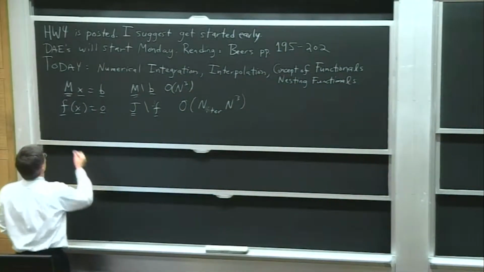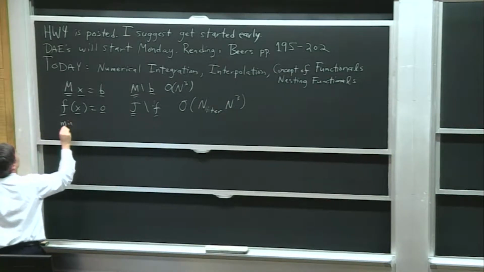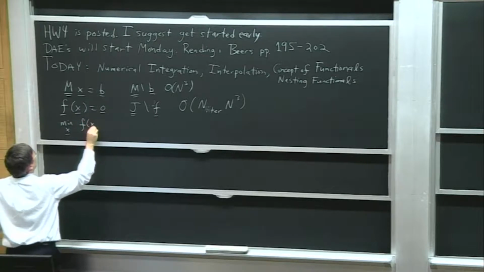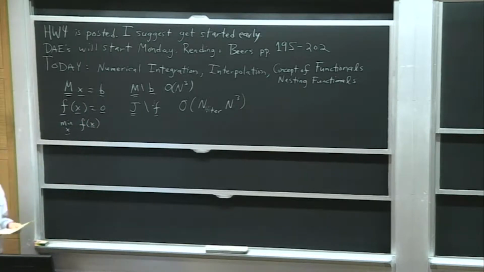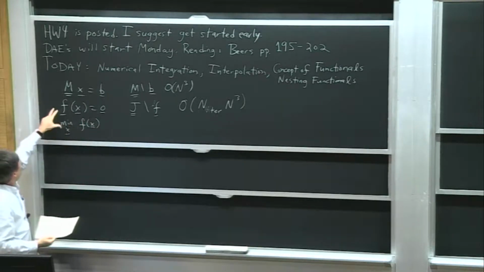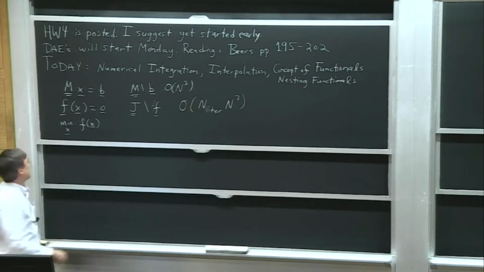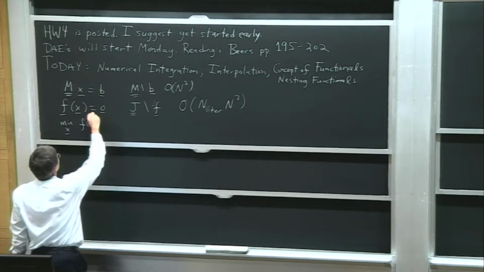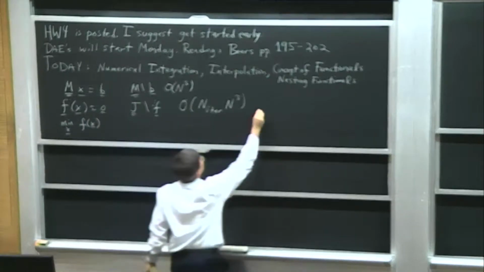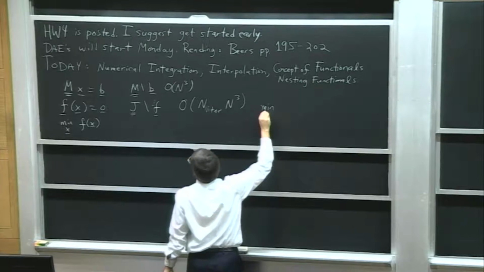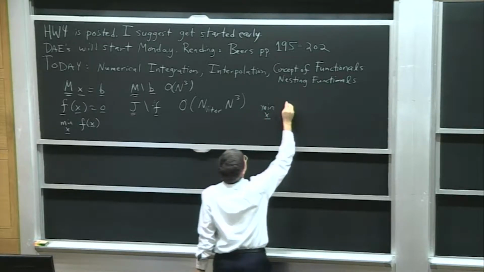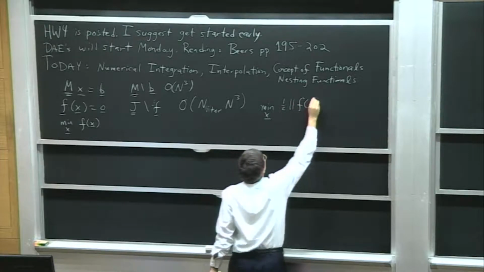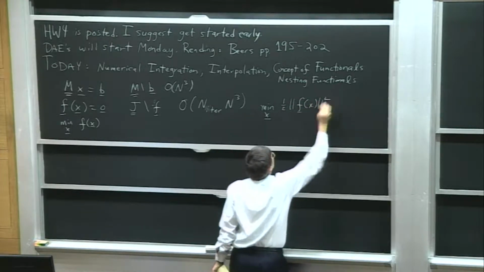And then we went and tried to solve this problem. And what we decided to do for both of these was almost do the same thing. So say, well, we can really solve this one by instead solving a minimization problem.